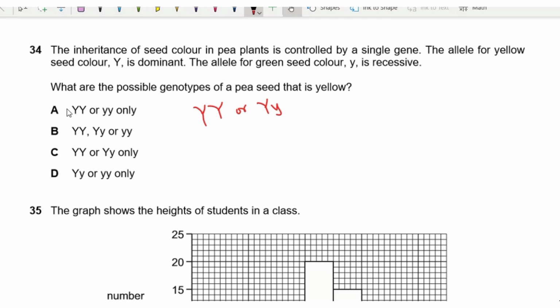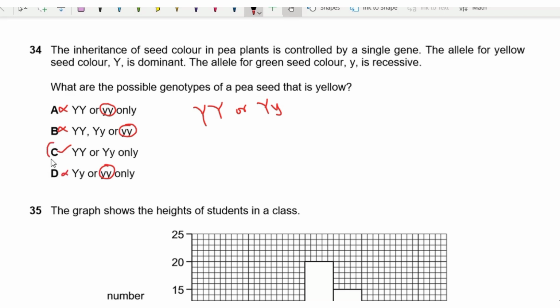So option A is wrong, because this will produce a recessive trait, which is green. Then option B, this will produce green because it's recessive, which makes this option wrong as well. Then option C, yes, this is correct. While option D is wrong because this will produce green, which is recessive.